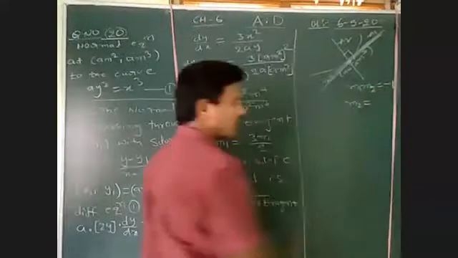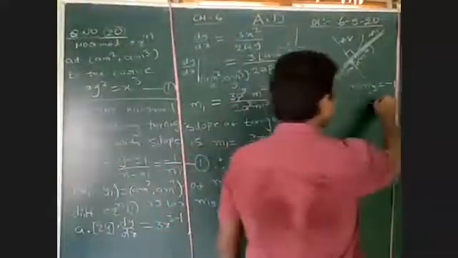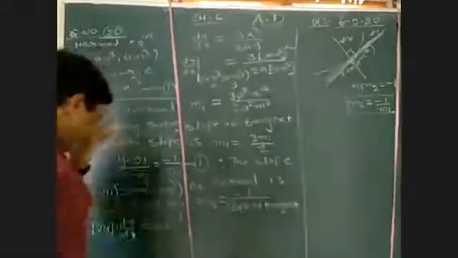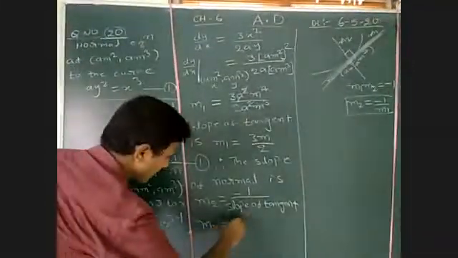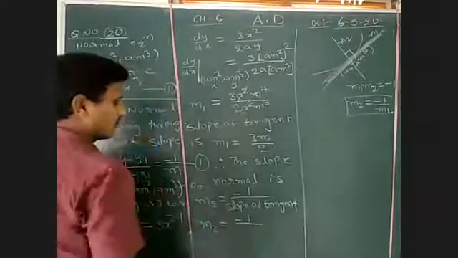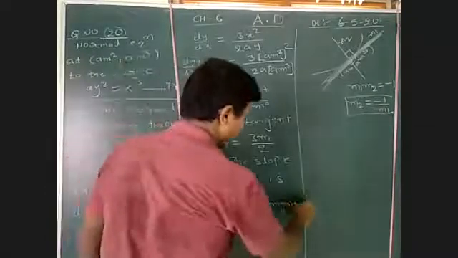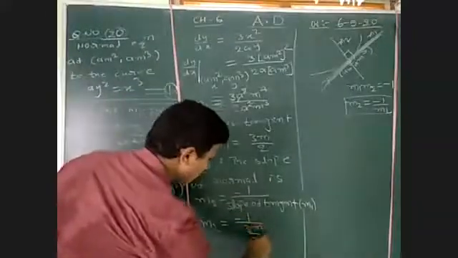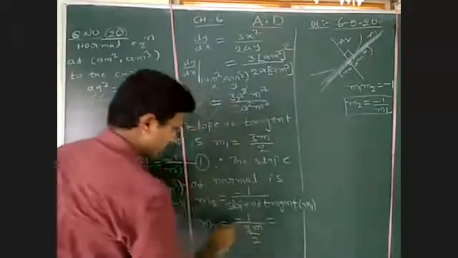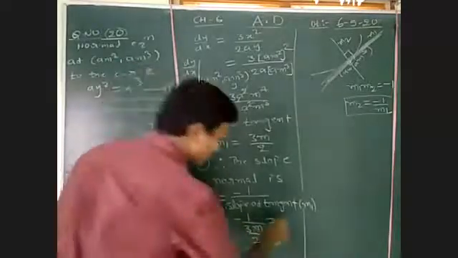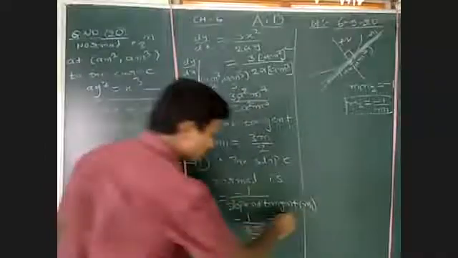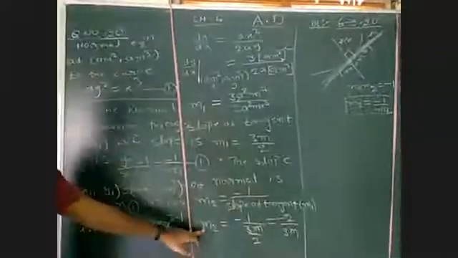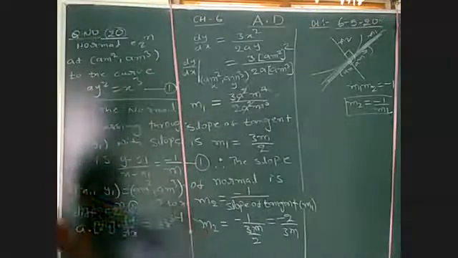If m2 is the slope of normal, then from this equation m2 is minus 1 by m1. Remember this always. Okay, so now m2 is equal to minus 1 by the slope of tangent. The slope of tangent m1 value is 3m by 2, so that is equal to minus, this 2 becomes the numerator, minus 2 by 3m. Finally we got m2. m2 means the slope of normal.